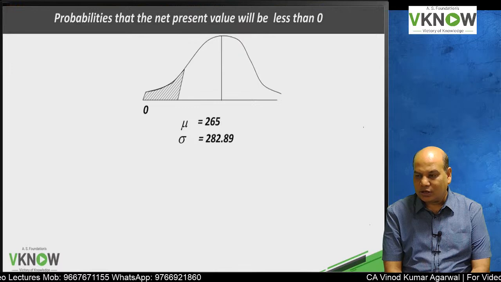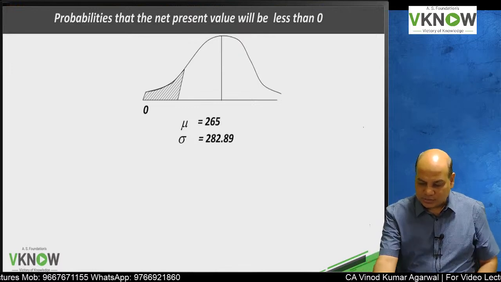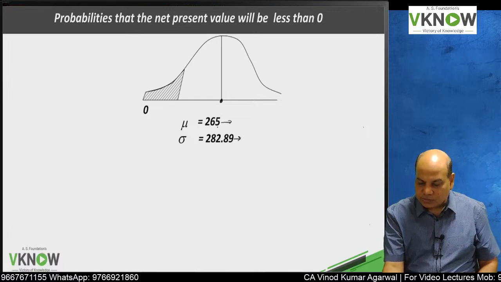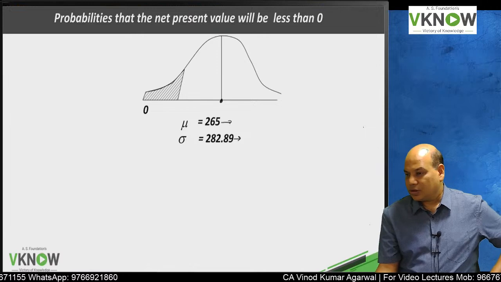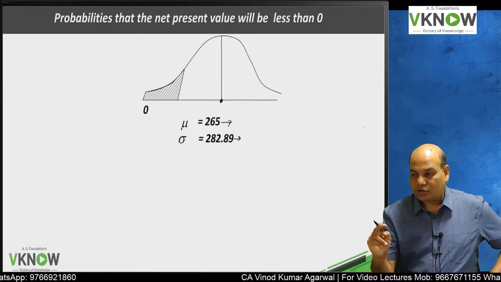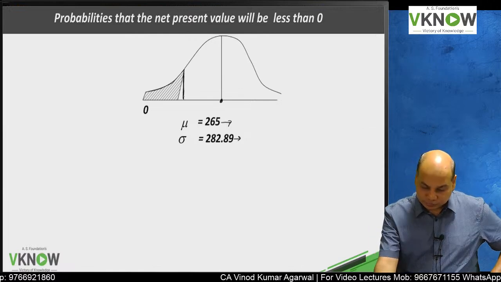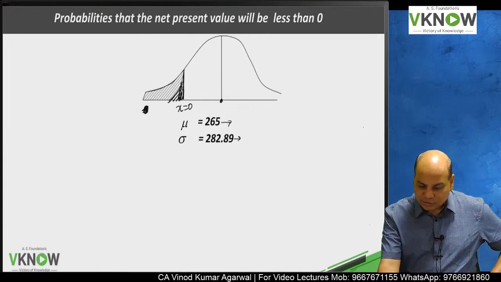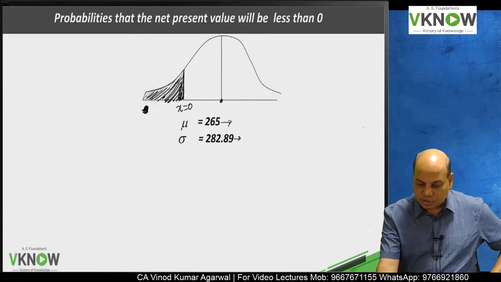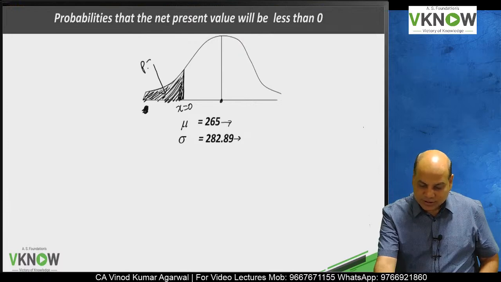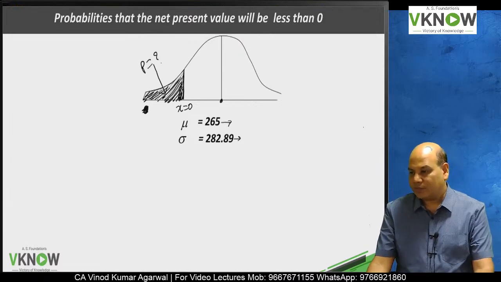Right in the center, write mu equal to 265. Standard deviation is 282.89, and you require less than 0. You want the probability of this area.